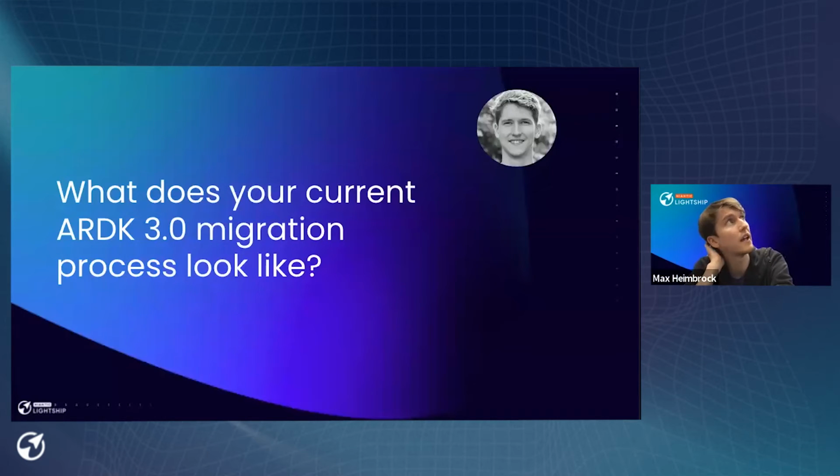So yeah, as I said, in Peridot, we try to always be in a state where the project is up and running. So if we would have removed ARDK 2.0 at the start, we would have been in a broken state. We saw the potential to have both ARDK 2 and 3 in the project at the same time. Obviously, when you deploy to device, there can't be two owners of an AR session.